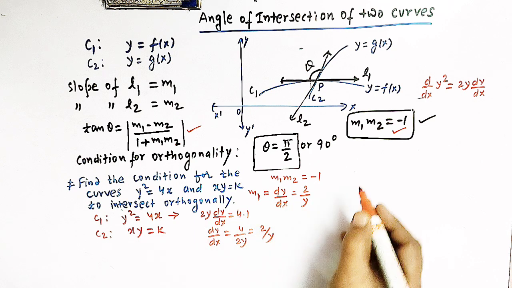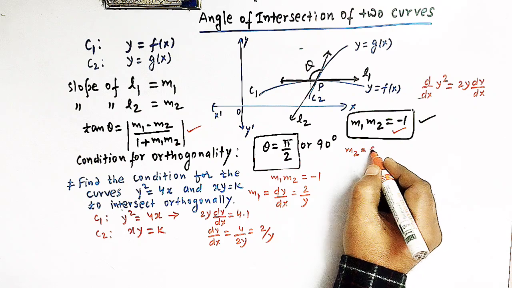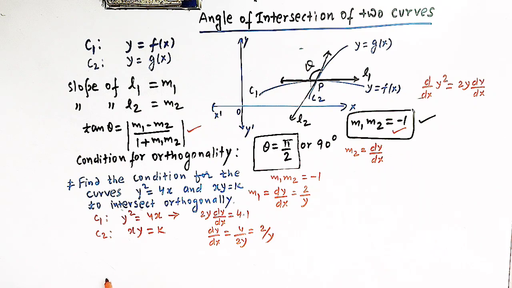Now let us calculate m2, that is given by again dy over dx, and in this case dy over dx is to be calculated from this equation, that is the equation of the curve C2. So differentiating both sides, we have d by dx of xy is equal to d by dx of k. Now this is a constant, so the derivative is 0, and here applying the product rule, first function times derivative of second, plus second function times derivative of first function, and this is equal to 0.